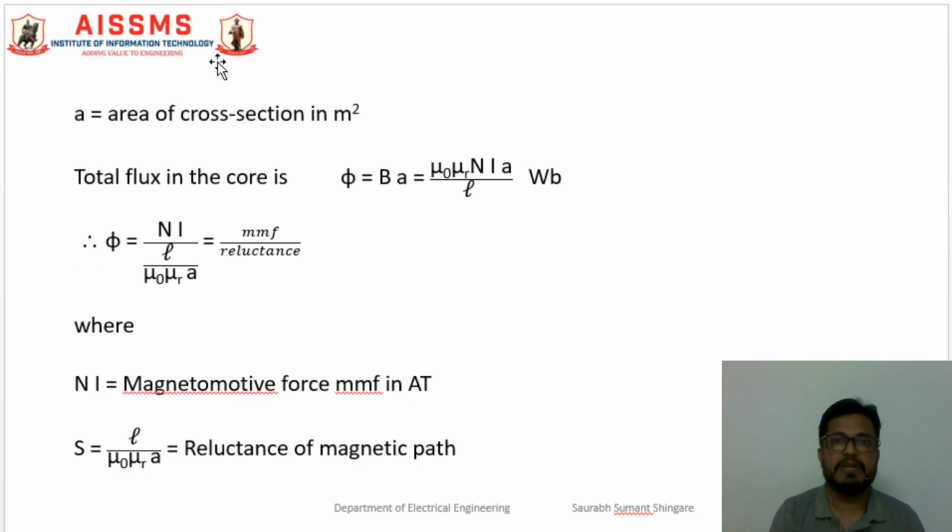Let A be the cross-sectional area of the core in meter square.